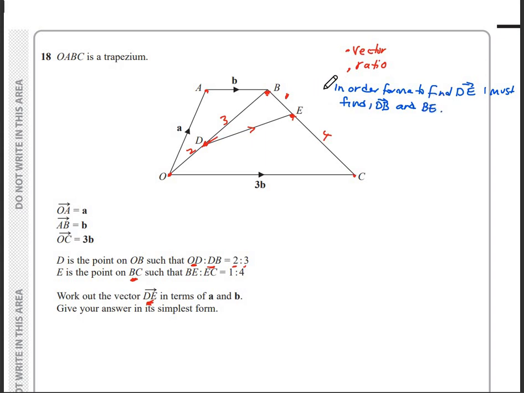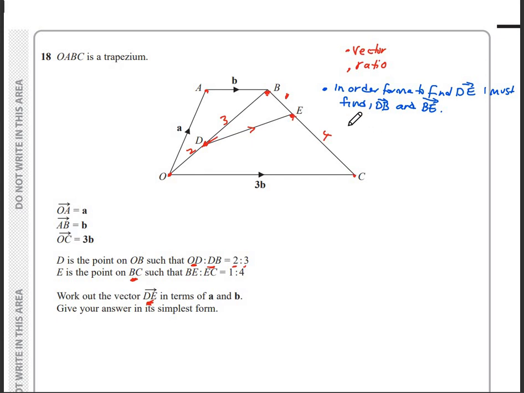Okay, so now I've reduced my question, I've worked backwards from my question. So now my goal is not just to find DE, but I have to find DB and BE in order for me to find DE. So now I've reduced my question down further to I need to find DB and BE.